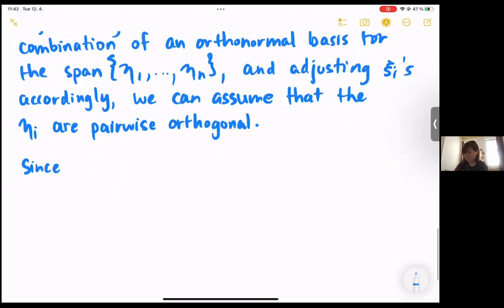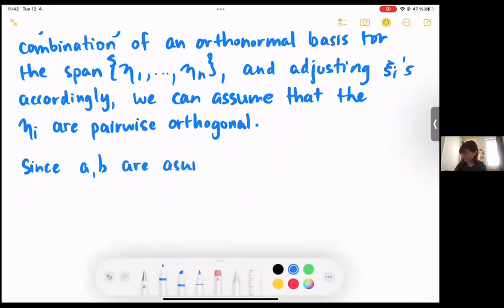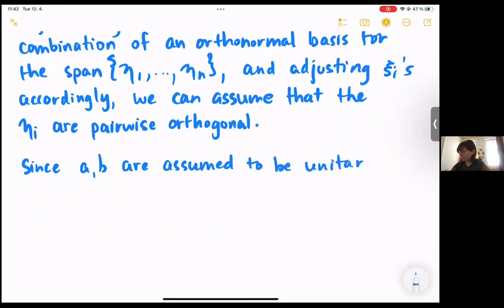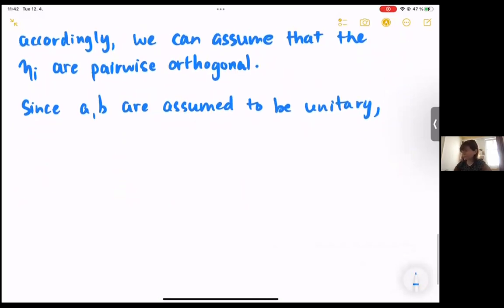Now, since we're assuming A and B to be unitary, we can calculate the following. So take A tensor B, apply it to zeta.